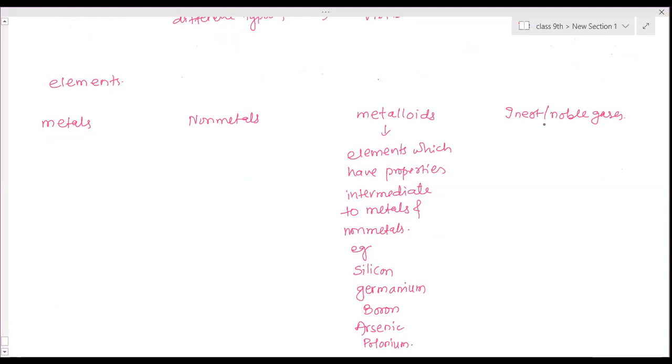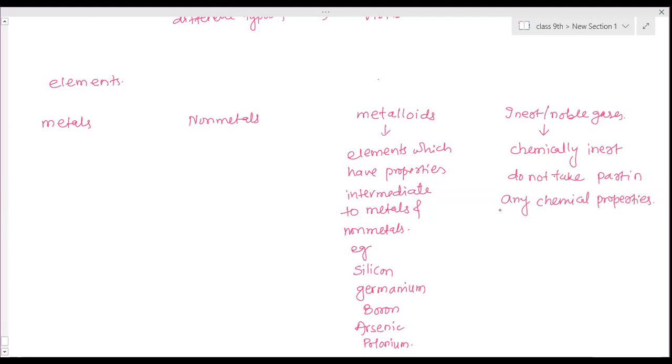Okay, inert gases. The gases which do not react in any chemical reaction with anything, found in gaseous state, are known as inert or noble gases. They are chemically inert and do not take part in any chemical reaction.